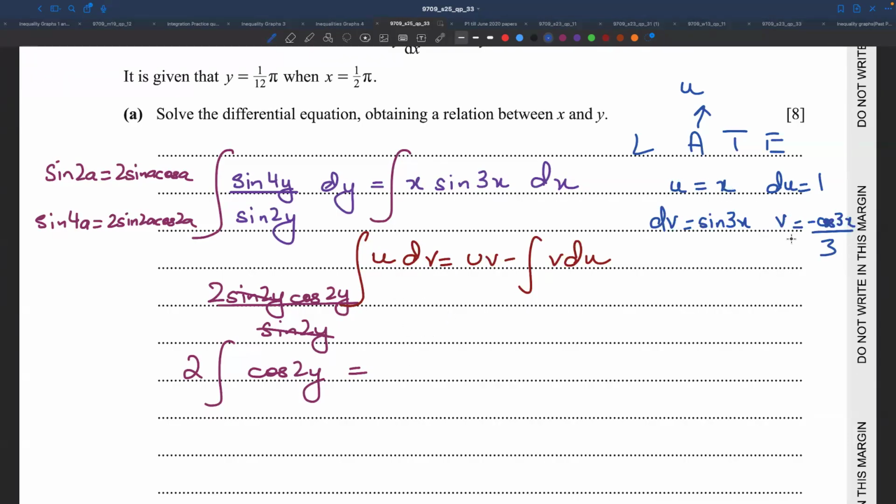So uv will become minus x cos of 3x upon 3, minus v du. This is already a minus over here, so I will just apply it: cos of 3x upon 3. And this minus, I will bring it outside and make this sign a positive.